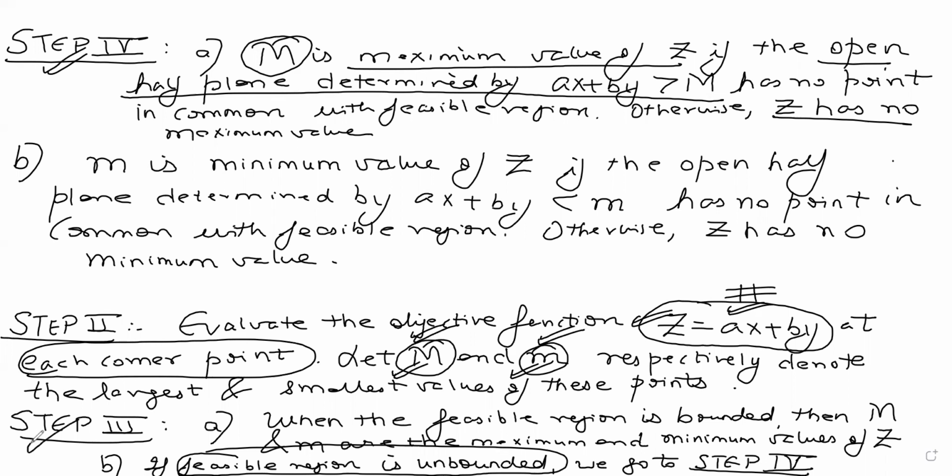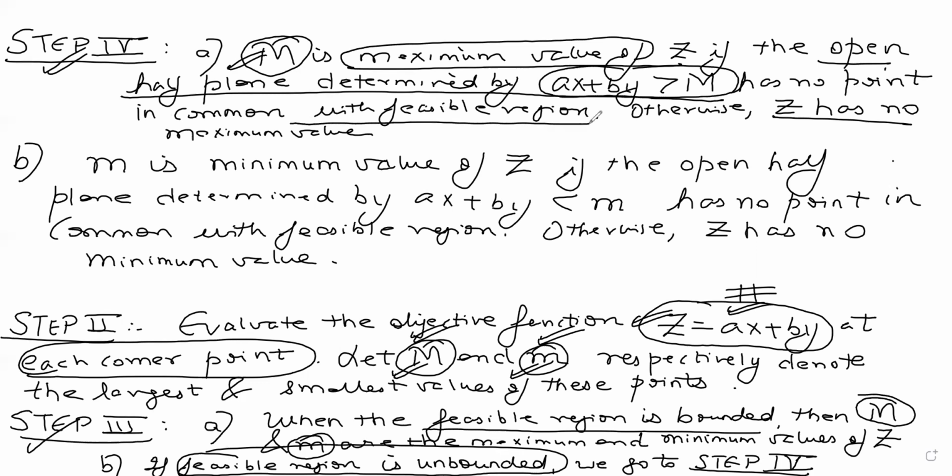And step 3, when your feasible region is bounded, if it can be enclosed within a sufficiently large circle, capital M is the maximum value, small m is the minimum value. If your feasible region is unbounded, cannot be enclosed in a circle, in that case capital M will be called the maximum value only if the open half plane determined by this particular inequality has no point in common with the feasible region. If it has a point in common with the feasible region, then Z has no maximum value.